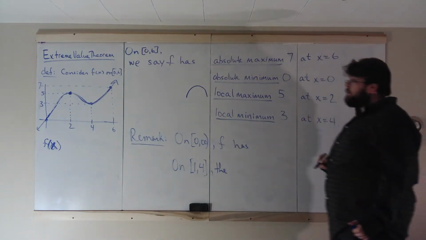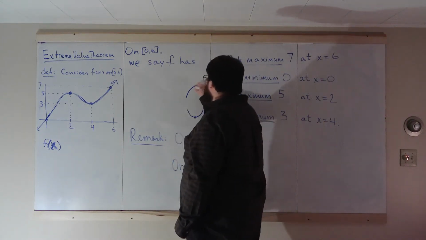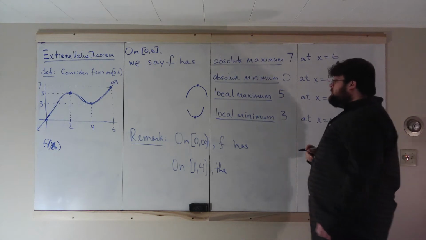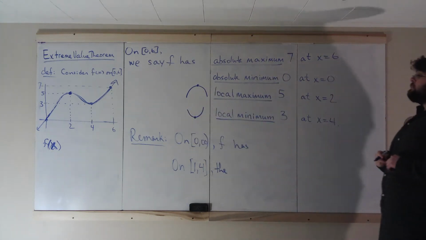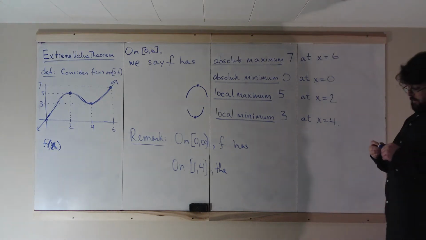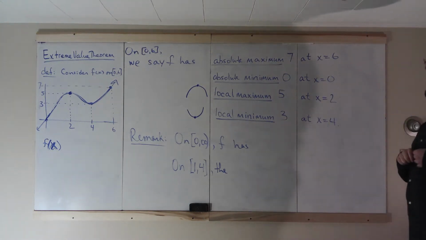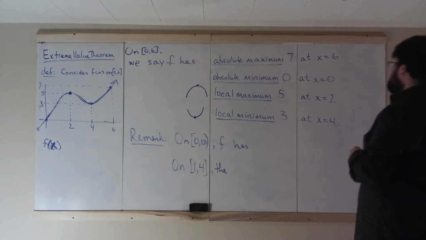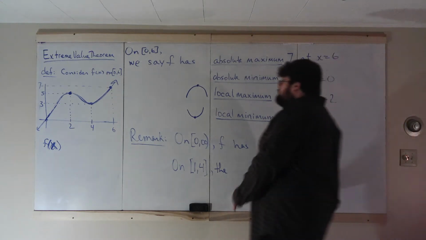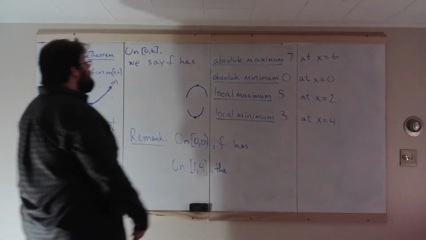And similarly, a local minimum is going to be the bottom of a mound. And these are actually going to drive a good deal of this week's work, in this video and in optimization and graphing. That diagram is going to show up a bunch of times. So the local minimum occurs at 4, and it's the local minimum of 3 at x equals 4.